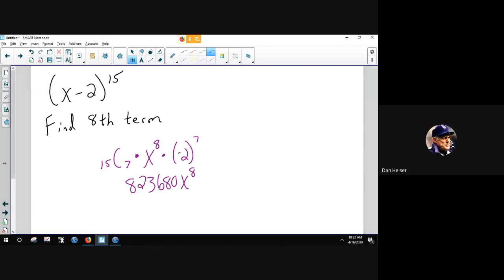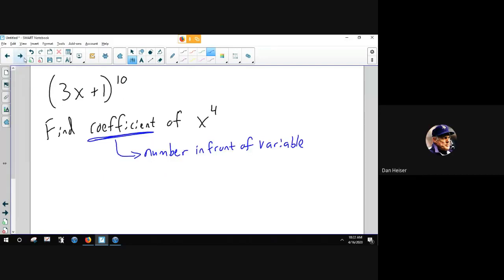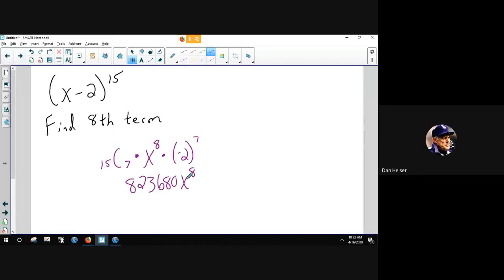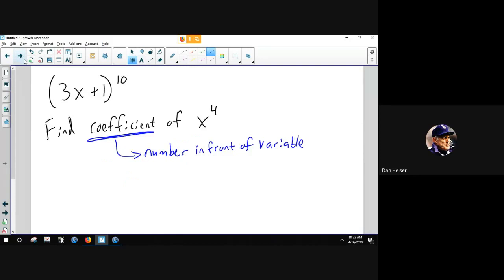It's just, what is the number? How many of that power do you have? How many x to the 8th do you have? That's another way of thinking about a coefficient. How many of that particular value? How many of that particular object?